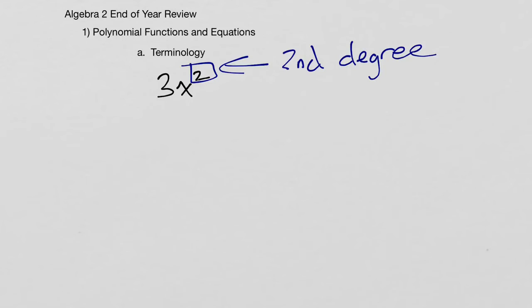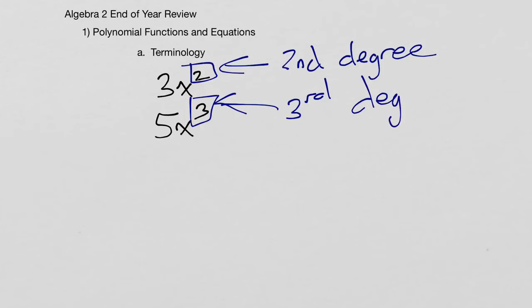Now, what if it had something like 5x to the third? Can you guys guess what kind of degree that would be? It's third degree. So you've got second degree right here if there's a 2 up there, and third degree if there's a 3 up there. Now, what if you just had something like 6x?